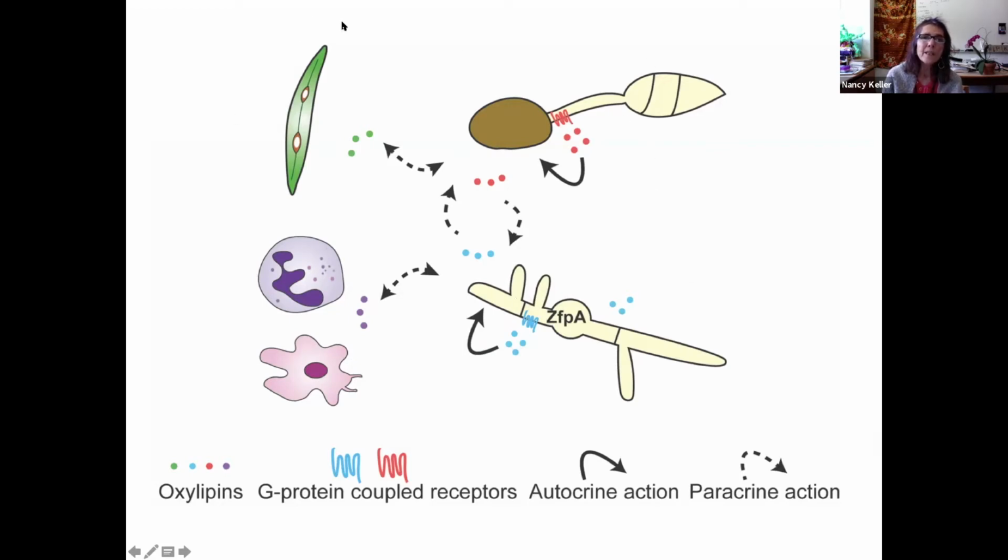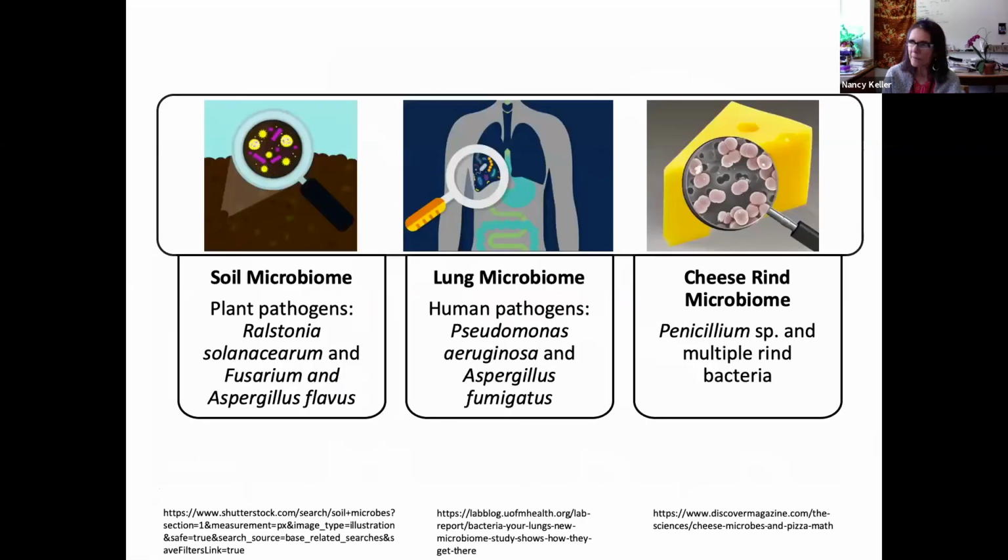We're also really interested, and we're inviting a Magnaporthe person to work with us, in asking: could the rice plant oxylipins actually be involved and recognized by Magnaporthe as part of the signal to make an appressorium? So that is our story number one.